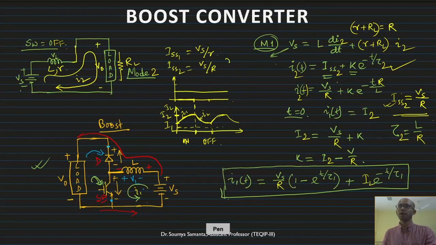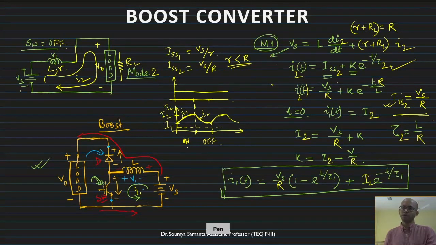Now small r is less than capital R. Therefore, ISS 1 is more than ISS 2, so ISS 2 will be less than ISS 1. This gives us an indication that it will basically decay. This will reduce. So this is one conclusion.